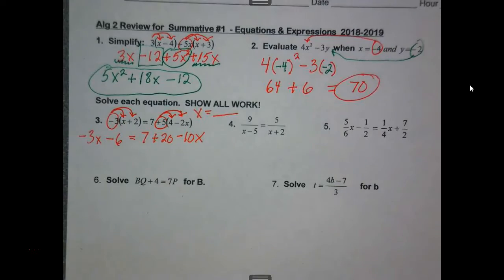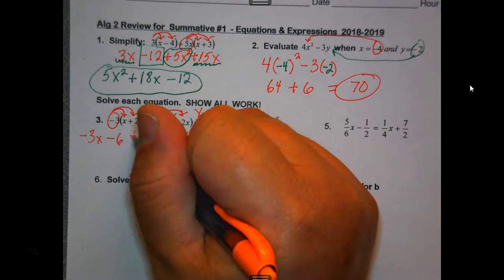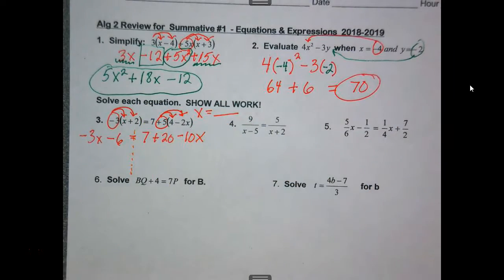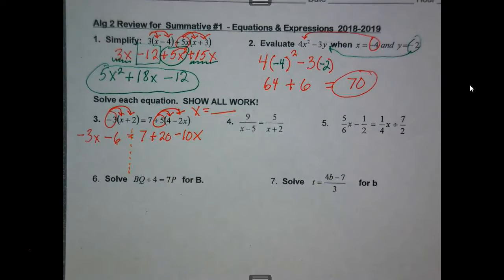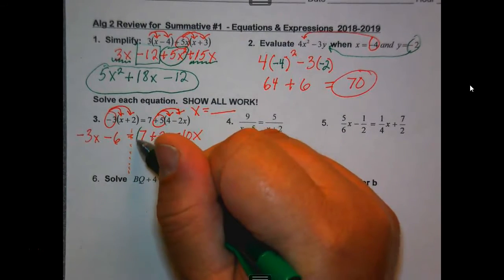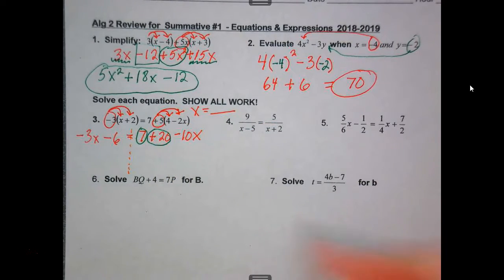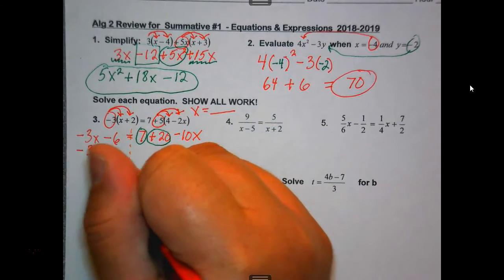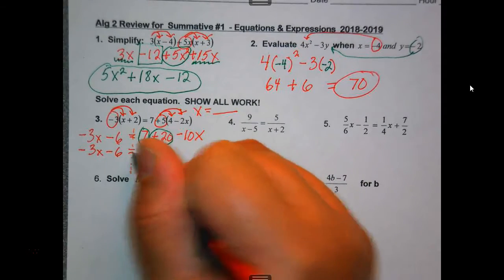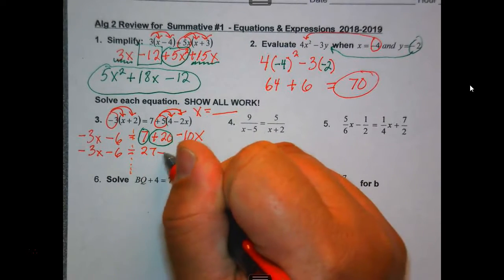Okay, I have like terms on the same side of the equal sign. So I have 7 and 20 I can combine. So I have negative 3x minus 6 equals 27 minus 10x.